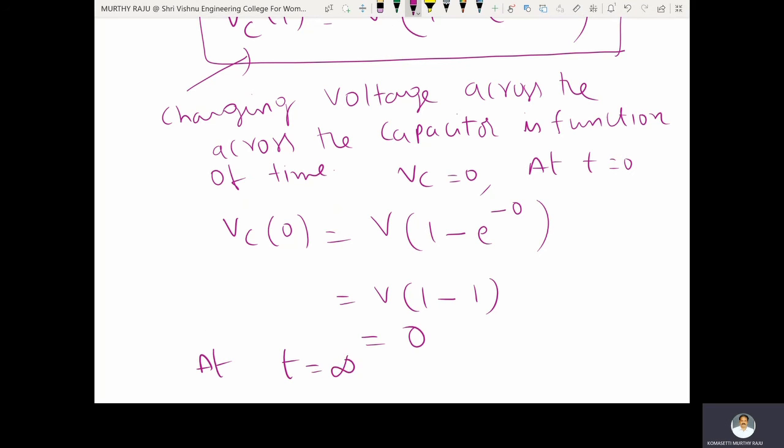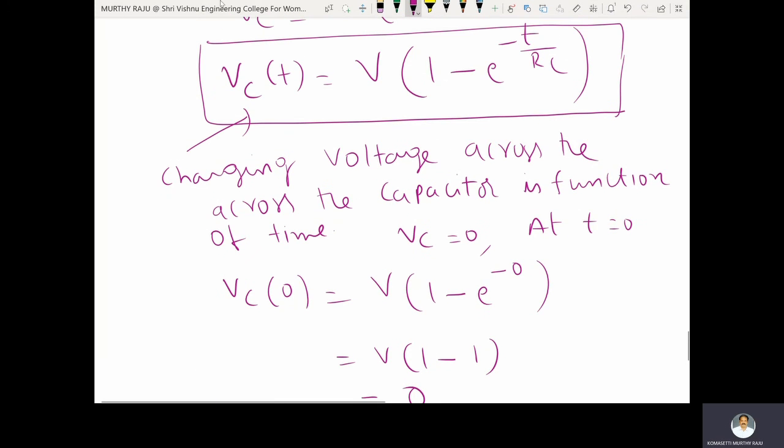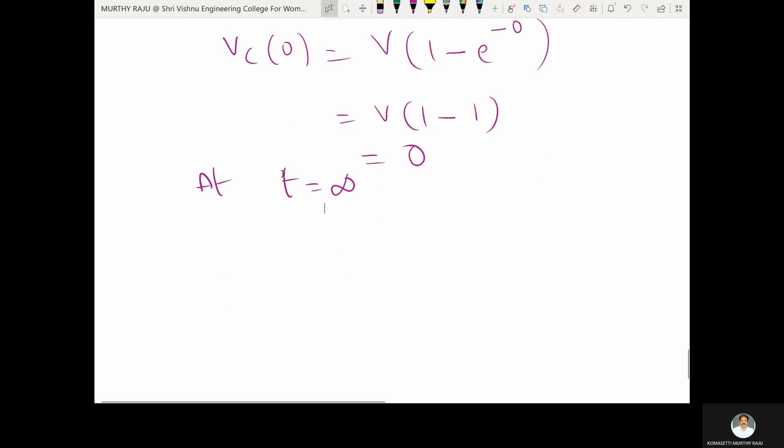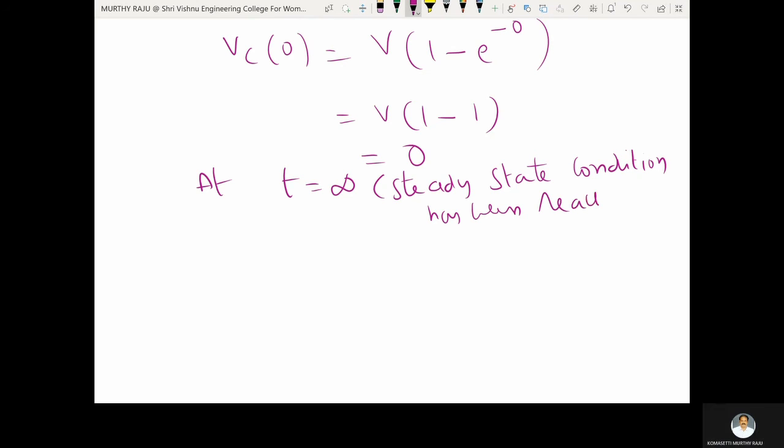At t is equal to infinity, the steady state condition has been reached. That means substitute t is equal to infinity.